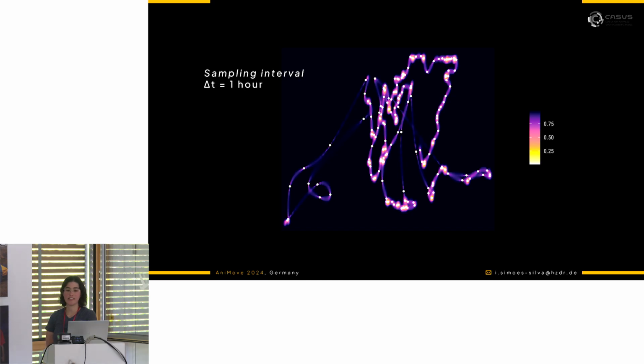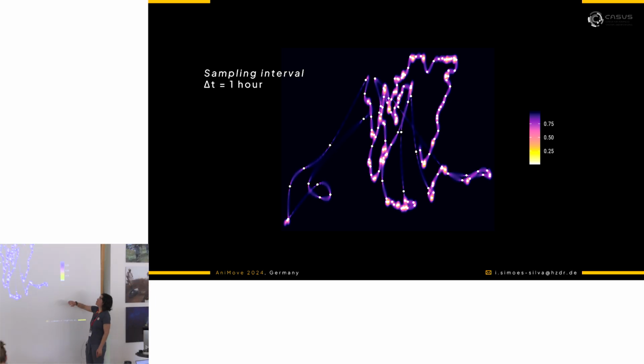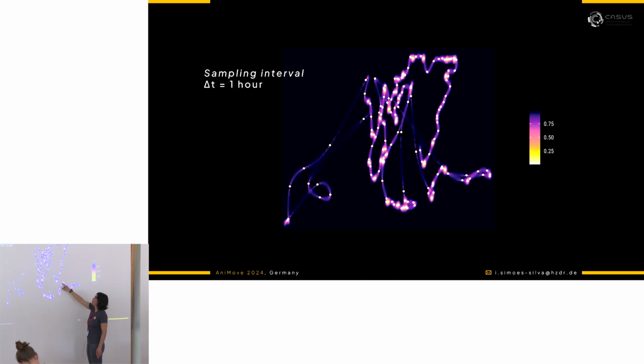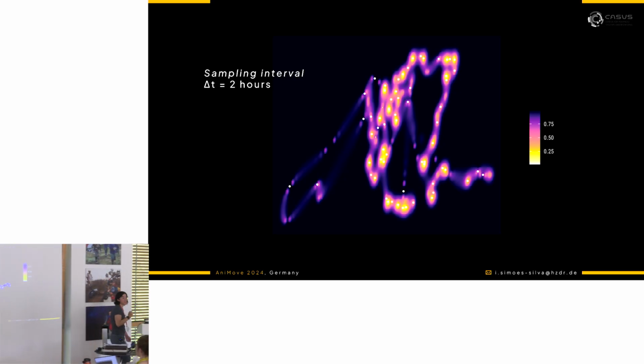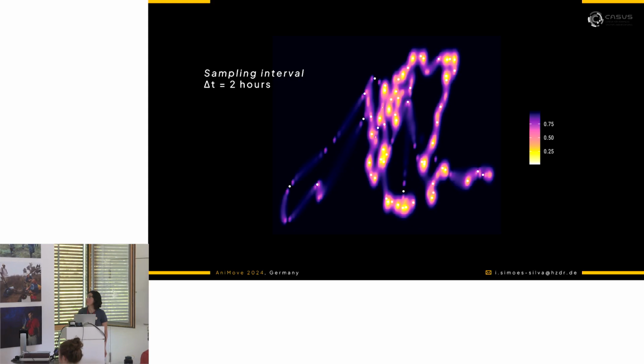If we see this example here, we start with a series of points that are 1 hour apart, and this is the occurrence distribution that we get out of it. The points where the animal is more likely to be will be lighter colors, going towards the yellow. So we get a nice picture of where the animal was potentially more likely to be moving between those points. But again, this is very close in time. We only have 1 hour difference between those locations.